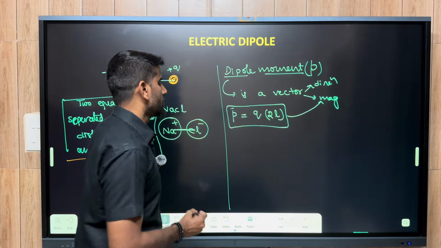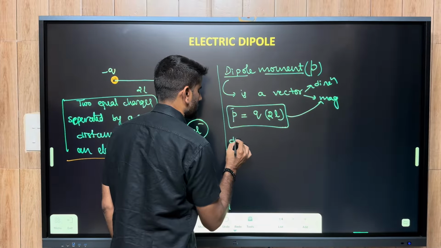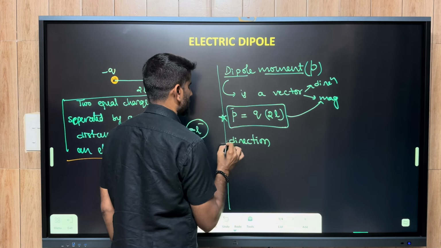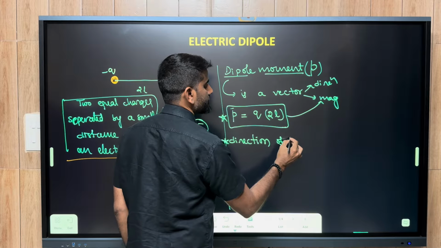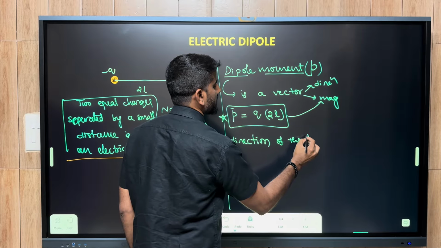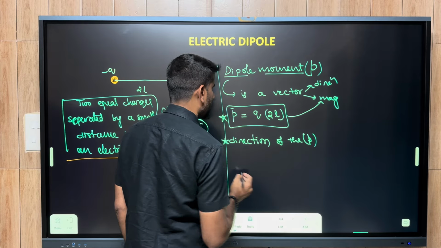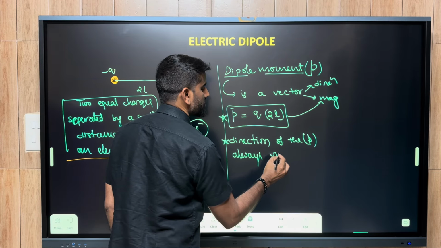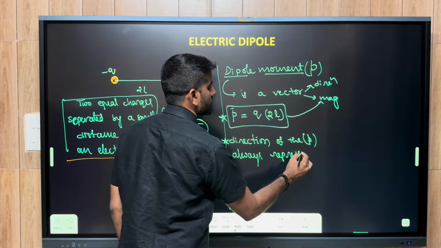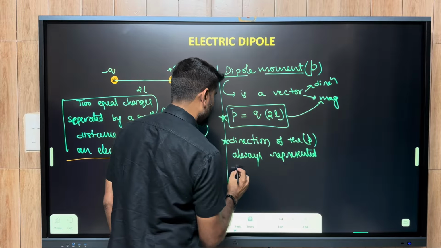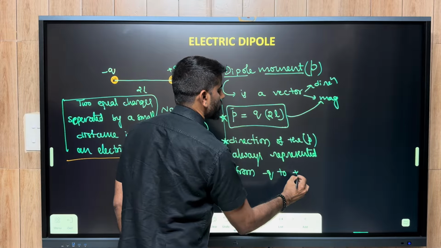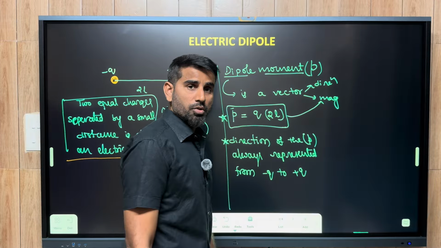Now coming to the direction of the dipole moment. It is always represented from negative q to positive q, negative charge to positive charge.